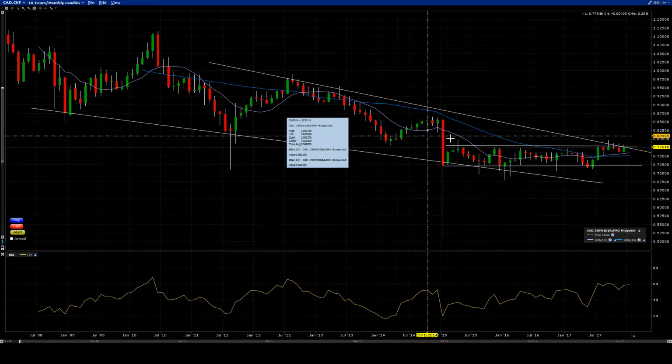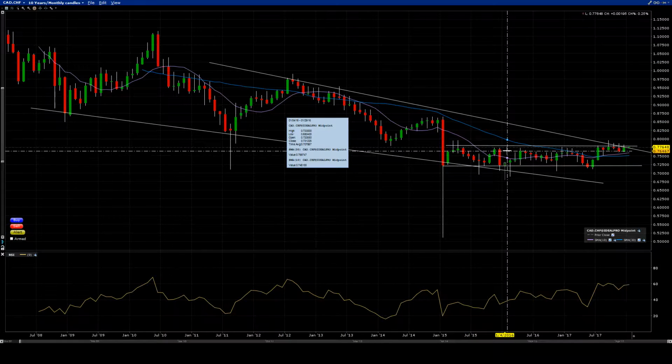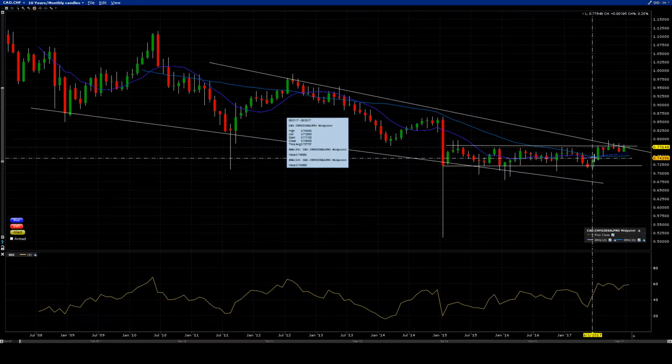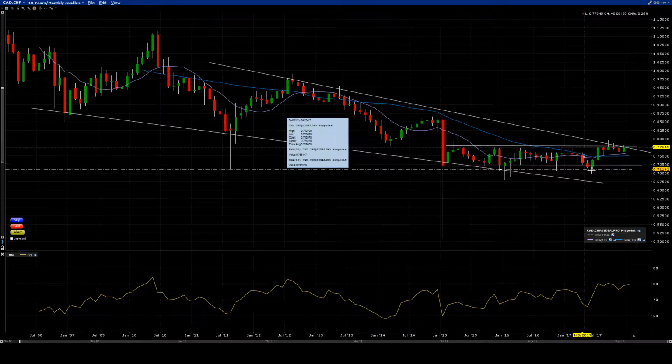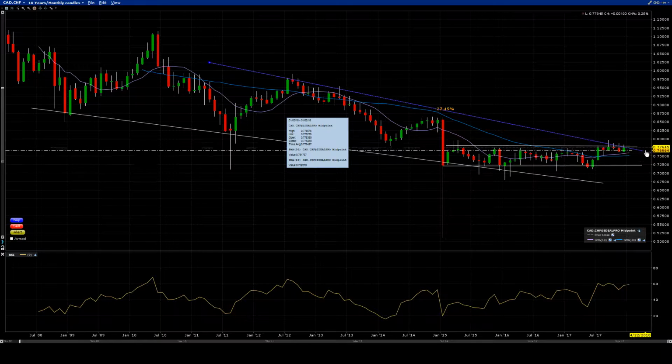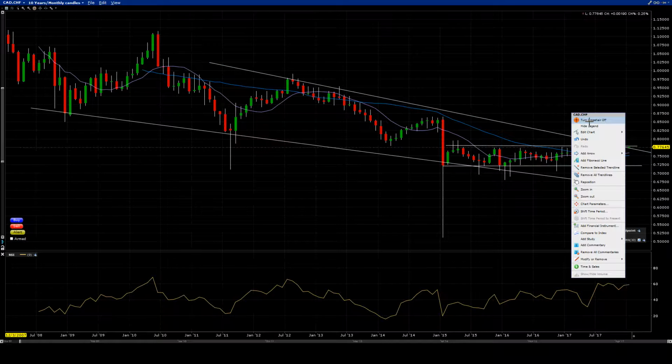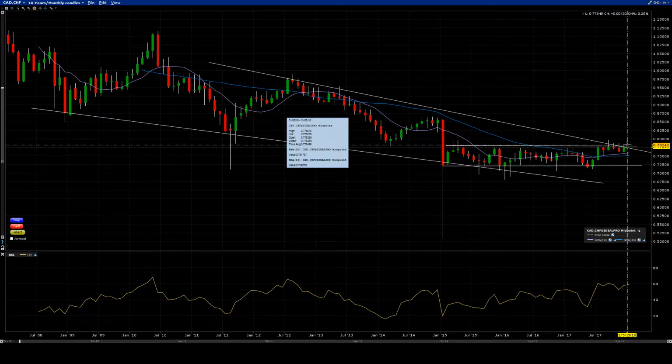And we have a sideways rectangle building up, which has been lasting many years, in a very tight range, .72 to .77. This is very interesting. A breakout of a pattern like this for that long would reach our target very fast.